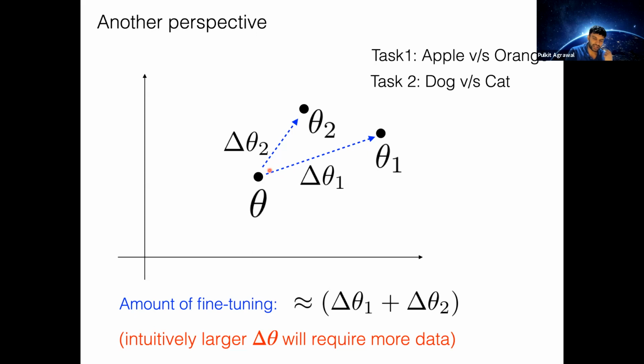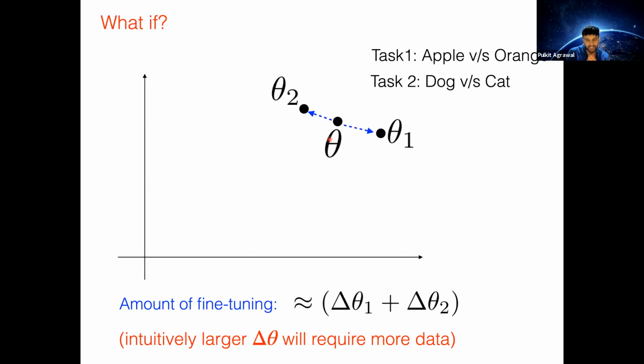So if somehow we could choose the theta so that delta theta 1 and delta theta 2 are small, then we may require much fewer training examples, or much fewer fine-tuning examples.